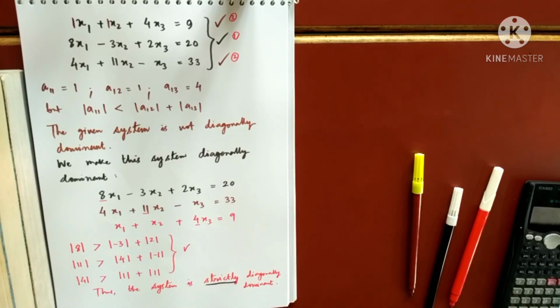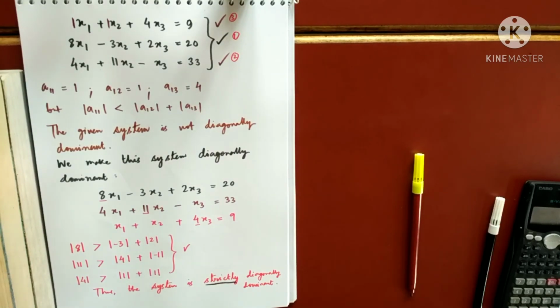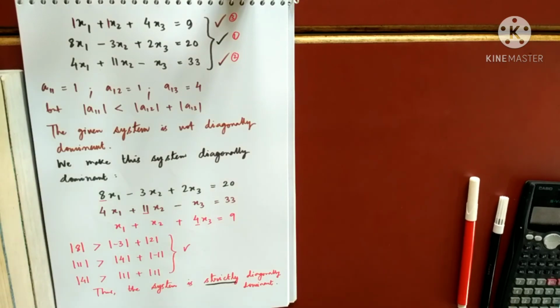So even if a system is not diagonally dominant, there may be ways to make it diagonally dominant. Okay. So understood up to here? Any confusion? If there are 4 equations, you have to check the 4 conditions. Keep that in mind. You have to check the first one, second one, third one and fourth one also.